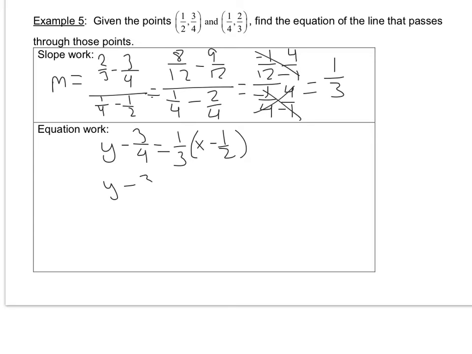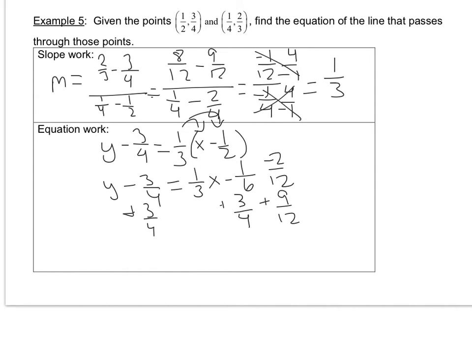So you get y minus 3/4, because we got to put it in slope-intercept form, equals 1/3 x minus 1/6. Add the 3/4. I'm going to change that to 12. So that would be negative 2/12 plus 9/12. So you're going to get y equals 1/3 x plus 7/12. Okay?